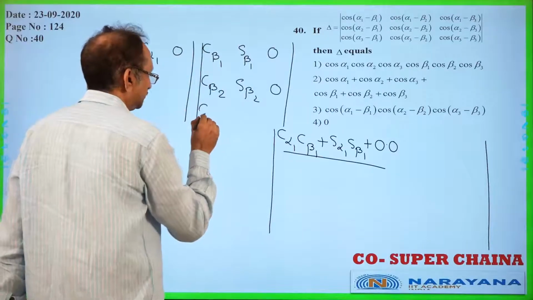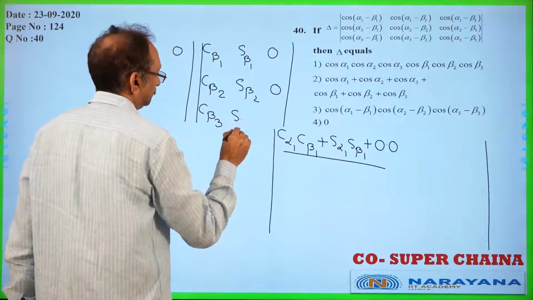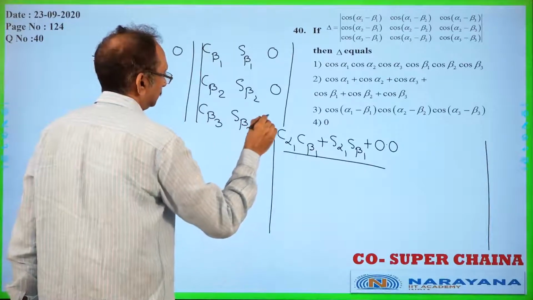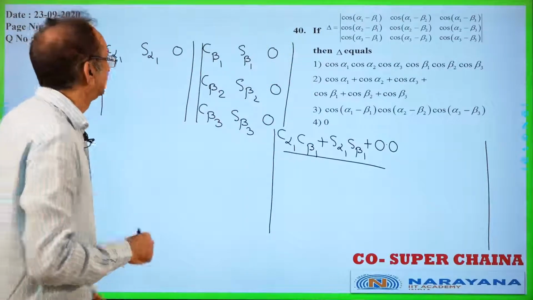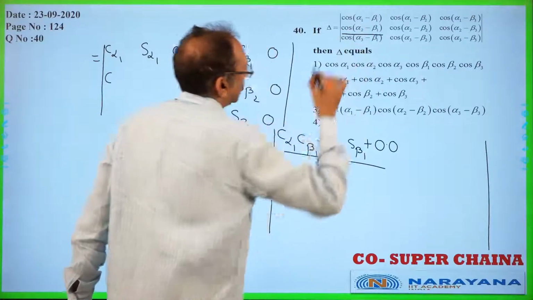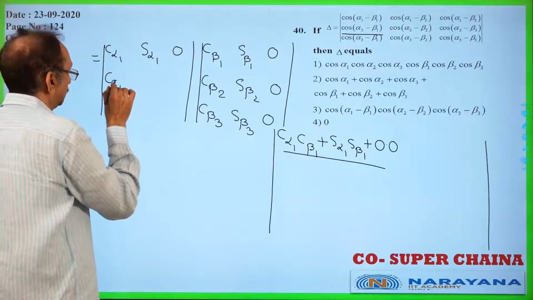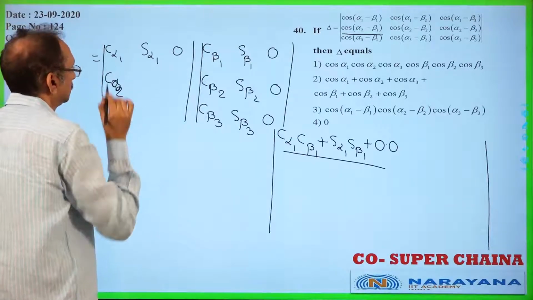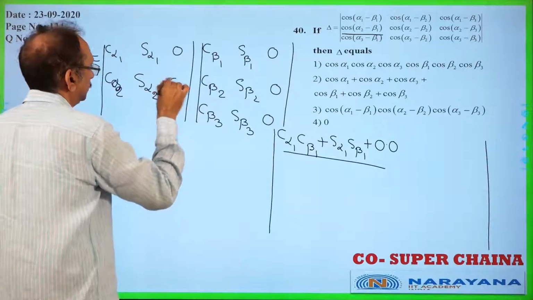And it is easy to write the third row: cos beta 3, sin beta 3, 0. And you can understand those formulas. And similarly now this one, see this second element, cos of alpha 2 minus beta 1. So this can be written as cos alpha 2, sin alpha 2, 0.